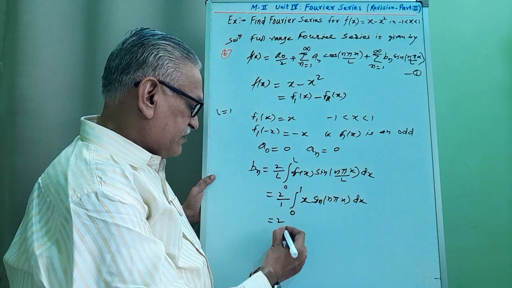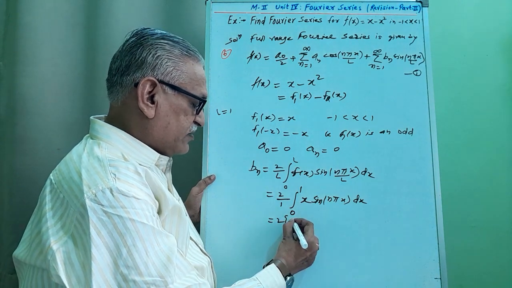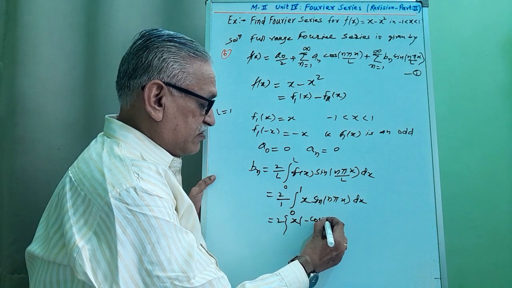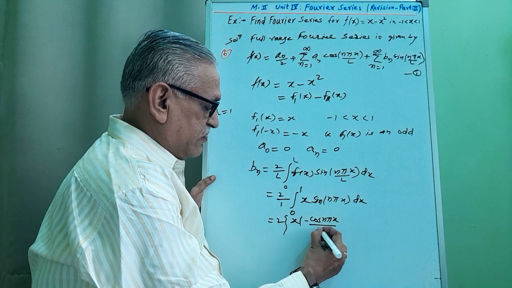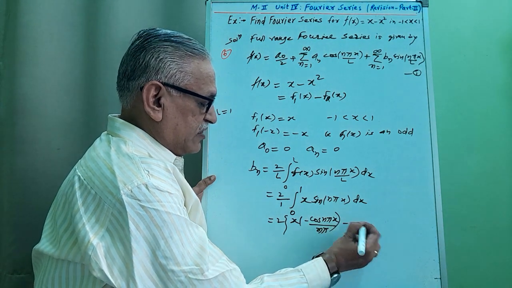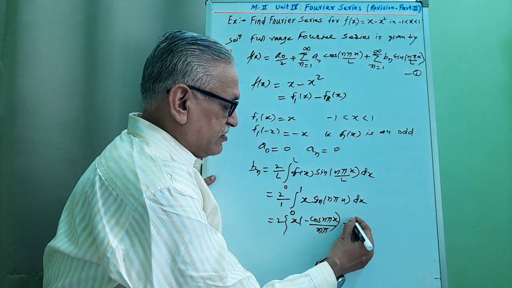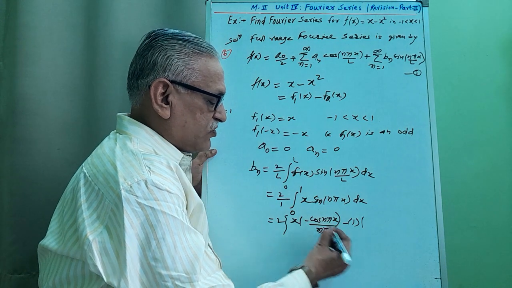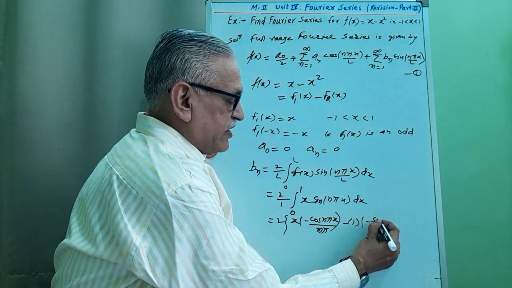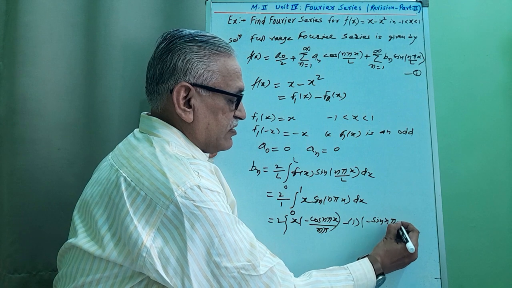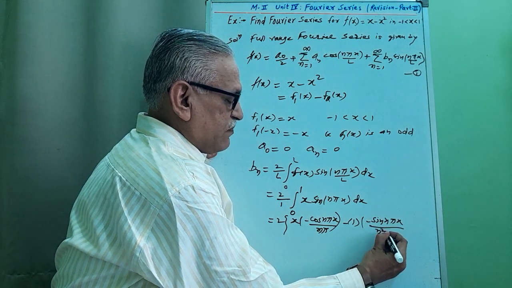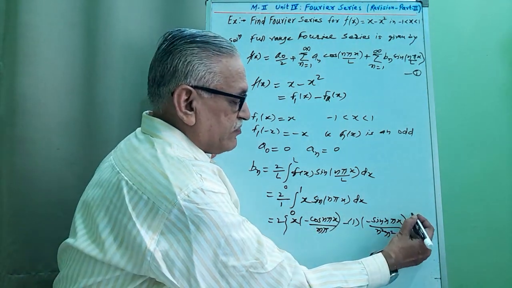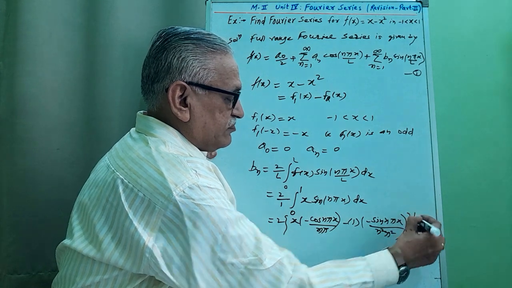Therefore, 2 times first term x, integration of sine is minus cos n pi x divided by n pi, then minus derivative of x, 1, next integration of cos is sine, with this minus sign, therefore minus sine n pi x by n square pi square, next derivative 0, we stop here, and limits from 0 to 1.